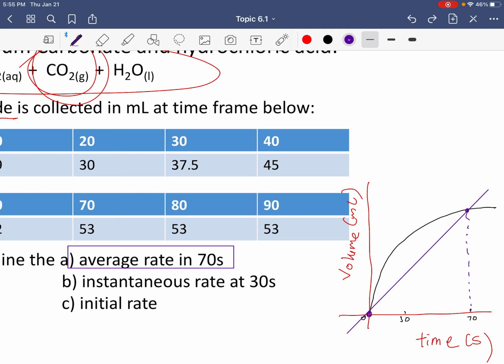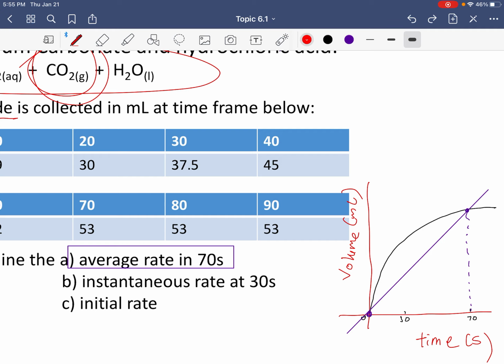Slope means rate, right? It's a change in one axis over the change of another axis. That's a rate. As one increases, what happened to the other? That's how you find average rate in 70 seconds.